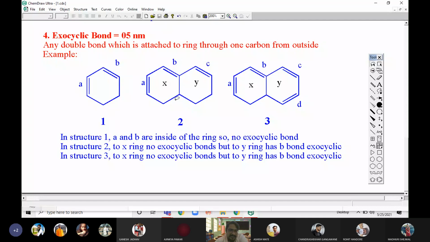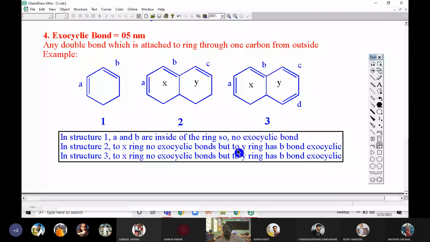For the second structure, we have divided the two rings and labeled them X and Y. We will see the X ring first. For the X ring, there is no exocyclic bond from outside of this ring, so there will be 0 for this ring. But the Y ring has the B bond exocyclic.